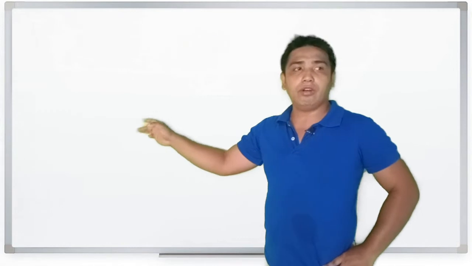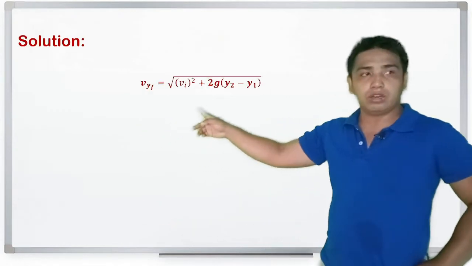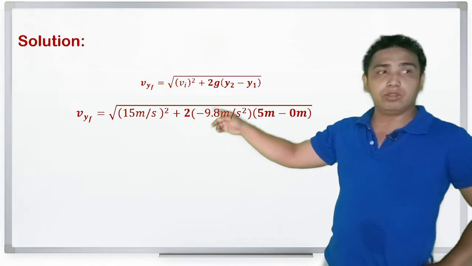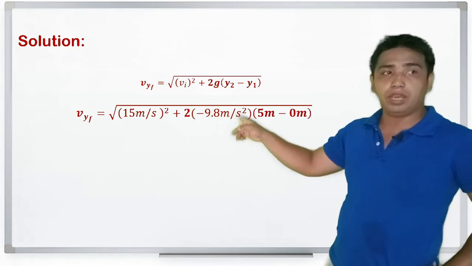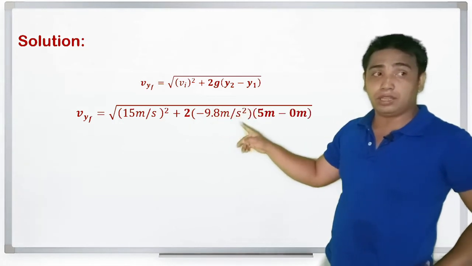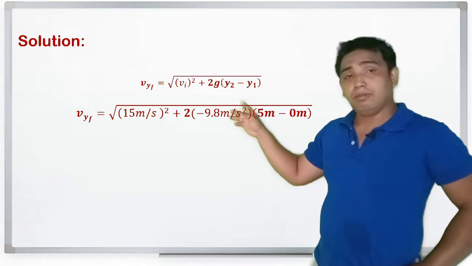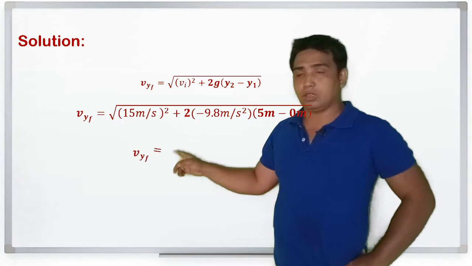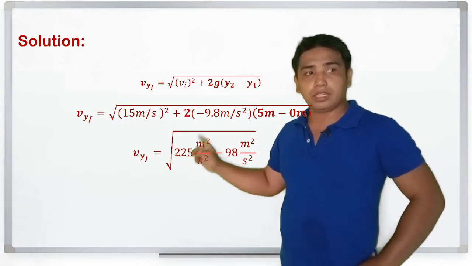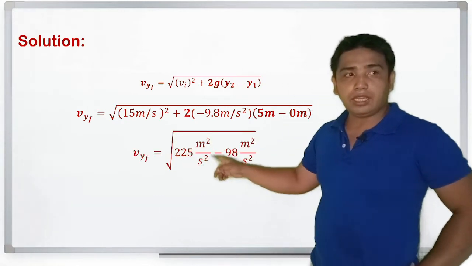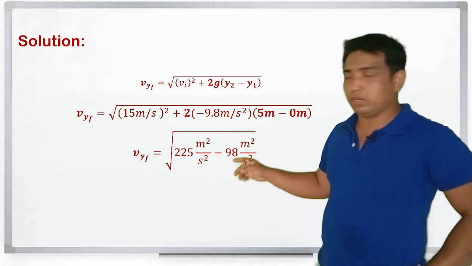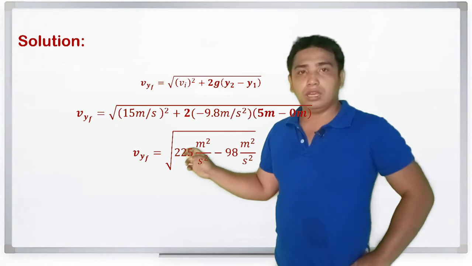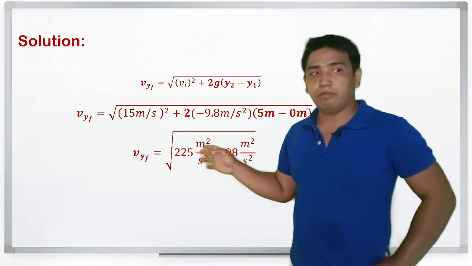So v_yf is equivalent to the square root of 15 meters per second raised to the power of 2 plus 2 times negative 9.8 meters per second squared times the quantity of 5 meters minus 0 meters. So 15 squared is 225 meters squared per second squared, minus 98 meters squared per second squared. You will see that they have similar units and you can subtract them.